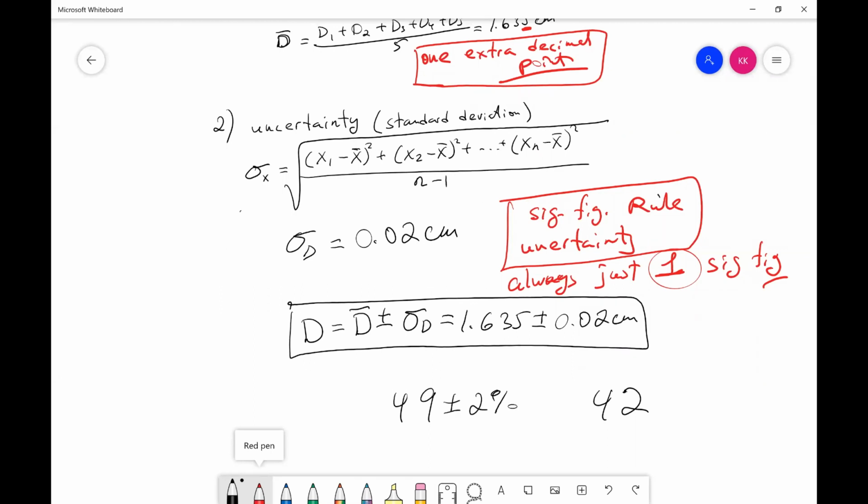They say it's 49, but there is always a plus minus 2% uncertainty. That means this number technically can be as high as 51 or as low as 47. Same thing here. Maybe this has an uncertainty of 3, so it can be 45 or, let's say, 39.